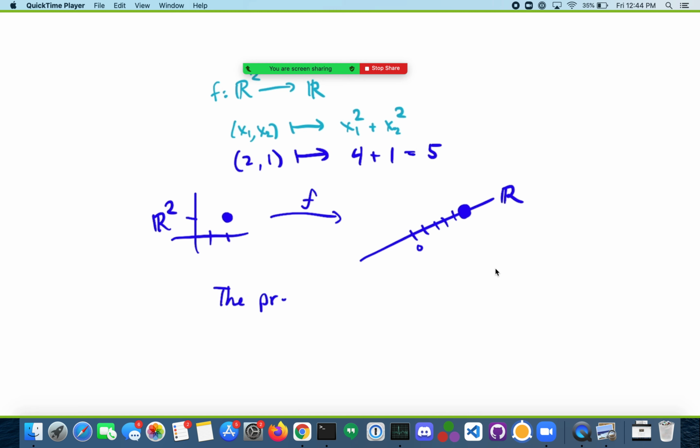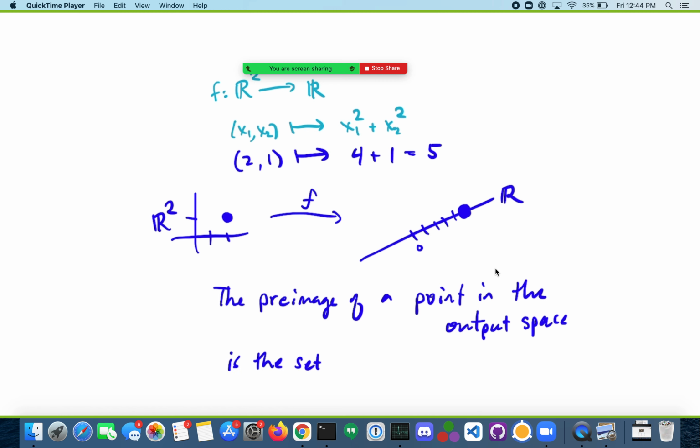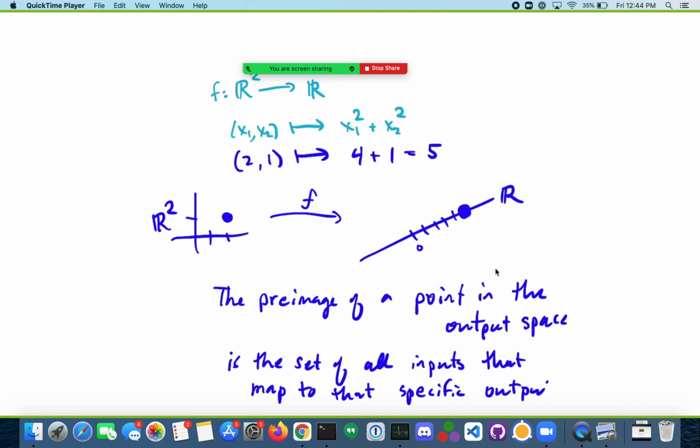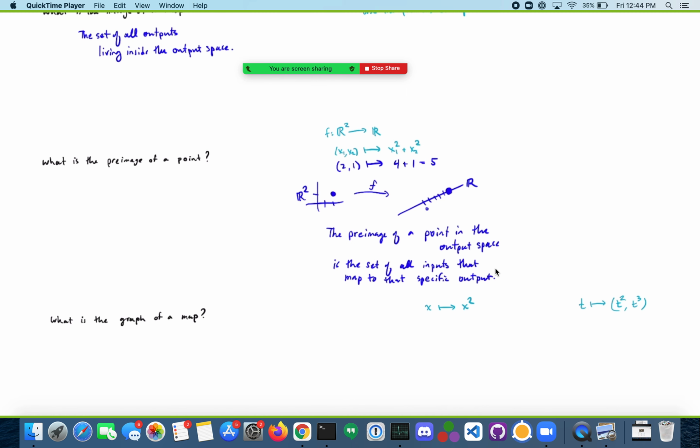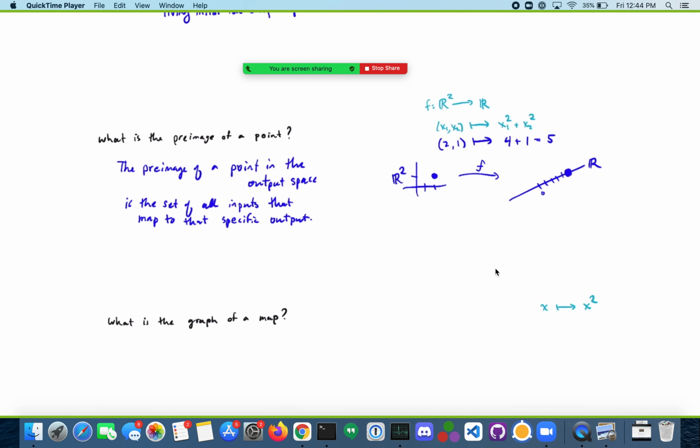So the preimage of a point in the output space is the set of all inputs that map to that specific output. Okay, well, I answered the question. This is the definition of preimage of a point. The preimage of a point is that.